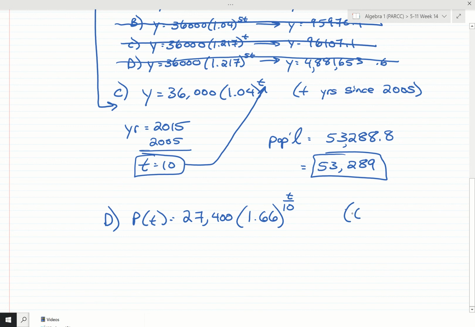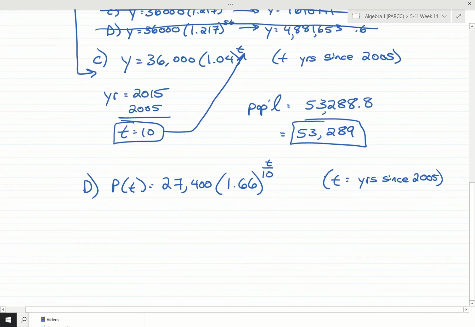So it's the same as before. t is equal to the number of years since 2005. Based on the model, by approximately what percent does the population of this town increase each year?